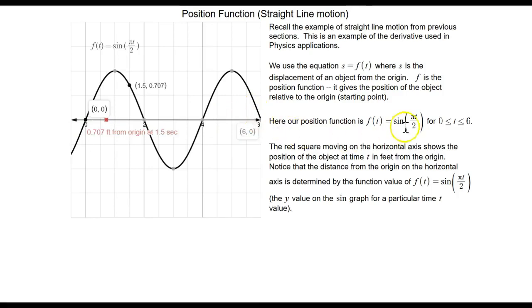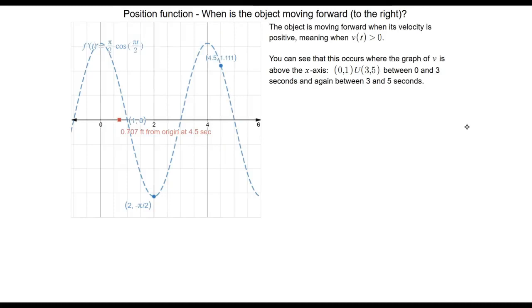It doesn't go beyond 6 because this function doesn't apply beyond t equals 6. Now notice here that the horizontal axis is starting at -1 instead of 0. And that's because our little red object can move to the left of the origin, because that axis is doing double duty as the x-axis of our graphs and the axis that the object's moving on.